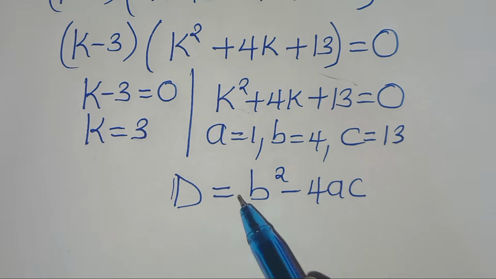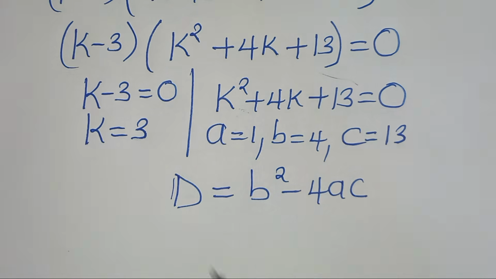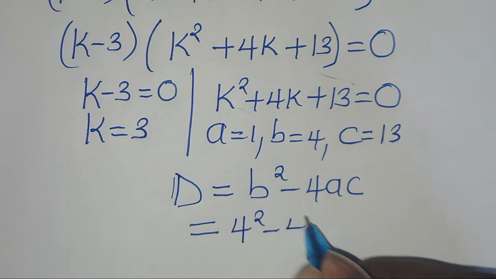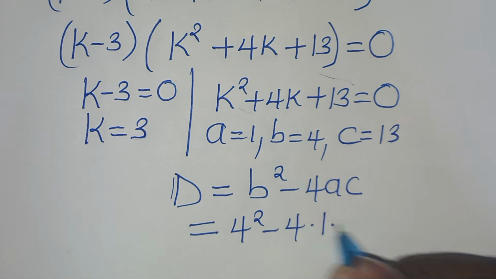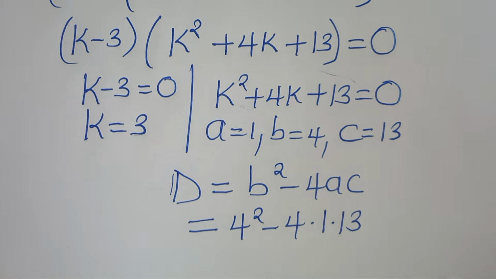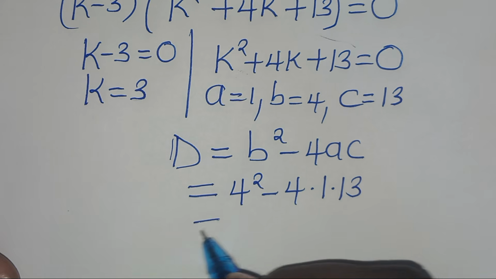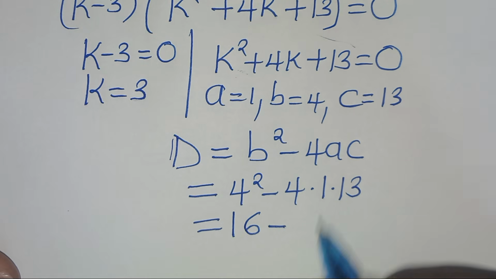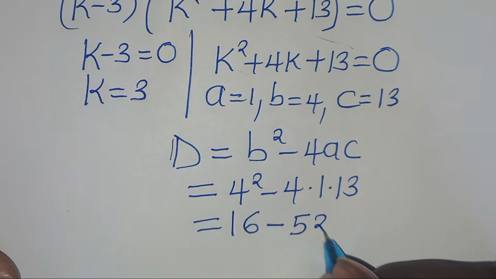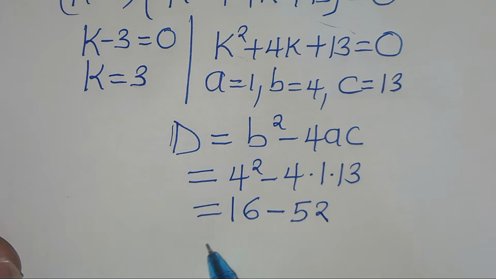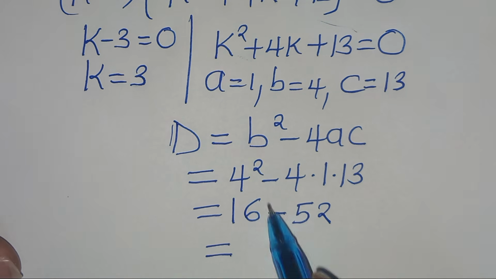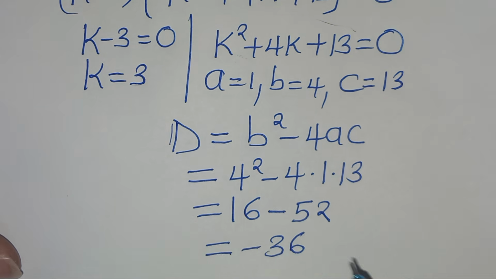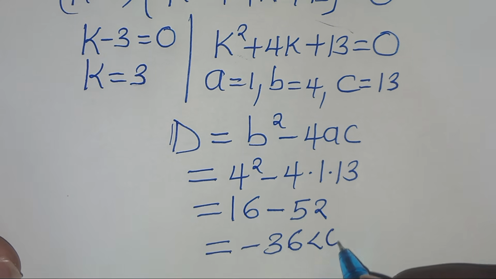So let's substitute the values of a, b, and c in this formula, so that we have 4 squared minus 4 times a, which is 1, then times c, which is 13. So we have 4 squared, which is 16, subtract 4 times 13, this is minus 52. So the discriminant value is 16 minus 52. This is negative 36, and this is less than 0.